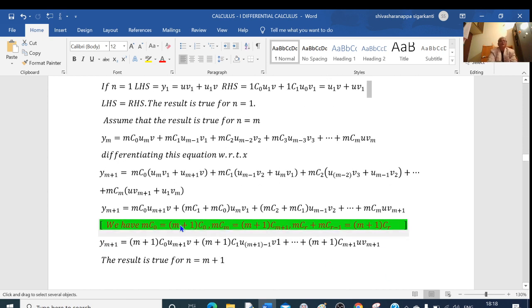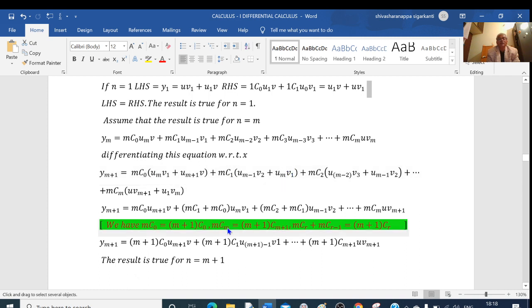here I will group the terms. First I will write the u_{m+1} terms. Only one term is there. This is the only u_{m+1} term. Okay, mC0 u_{m+1} v plus v_1 terms. Here one v_1, here also we have v_1.